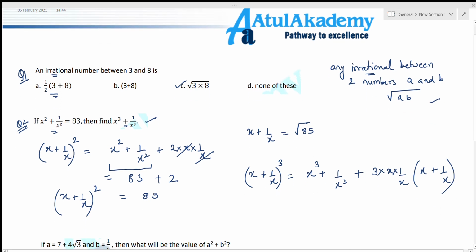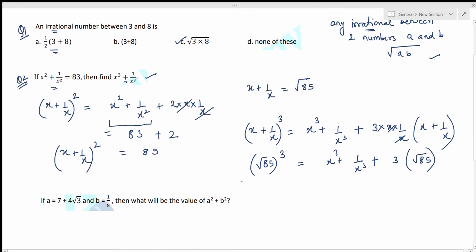So root 85 cube is equal to x cube plus 1 by x cube plus 3 into root 85. Let's bring it over this side. So 85 root 85 minus 3 root 85 is equal to x cube plus 1 by x cube. So 85 minus 3 is 82 root 85. So that is your answer over here. I hope it's clear. Now move to the next question.